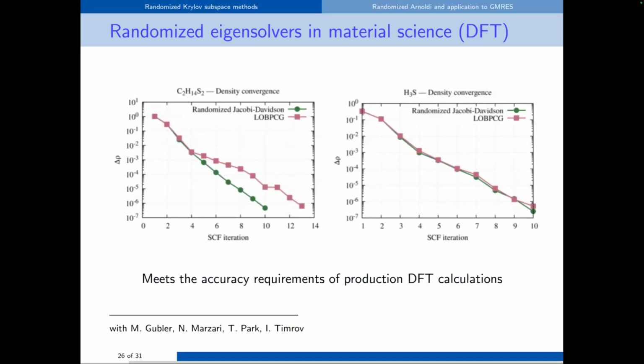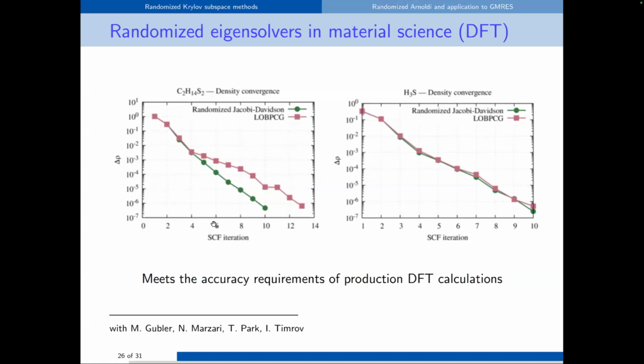And we have also worked on integrating these ideas in different applications. Here I will just show a result from material science in density functional theory, where they run a self-consistent field iteration where they solve an eigenvalue problem.